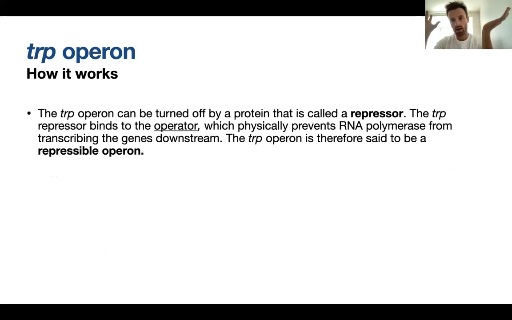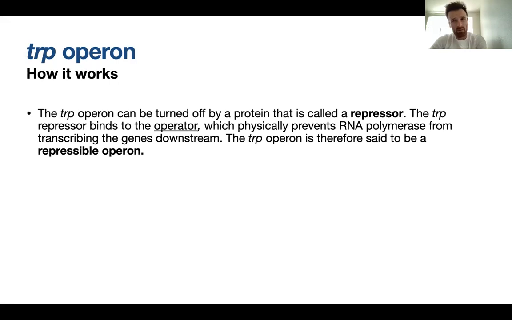There's nothing in the way of RNA polymerase binding to the promoter and transcribing these genes. So again, by itself, it's active. So we say it's repressible because we can turn off its activity. It's always active, but we can turn it off. And we'll talk about why we want to do that shortly.